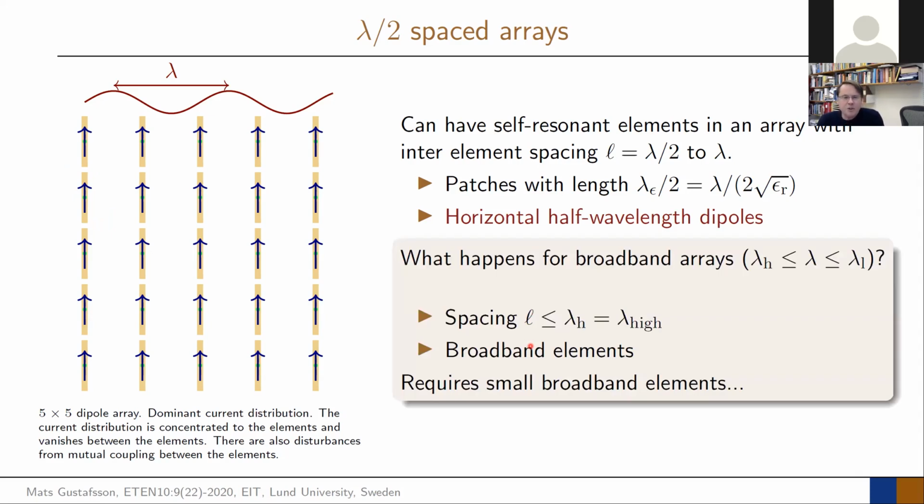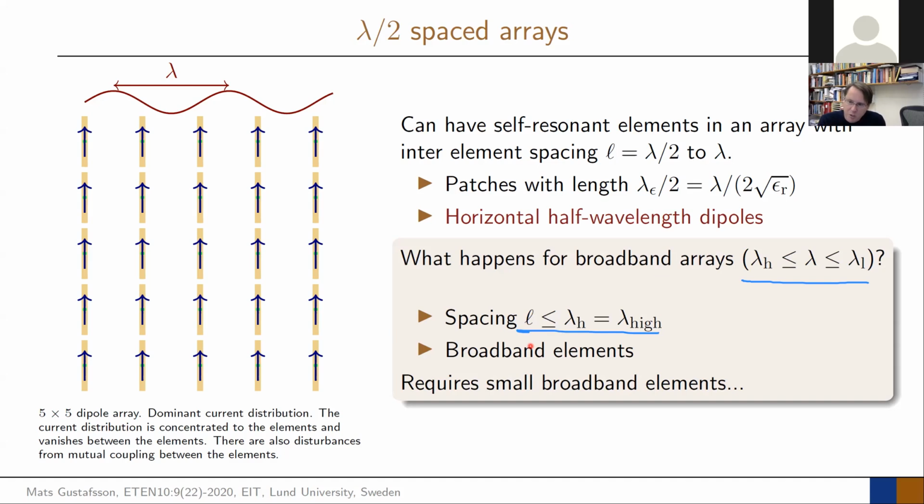But now if we want to go for these broadband arrays, that means of course I need all wavelengths between, let's say, the highest frequency, the shortest wavelengths, up to the lowest frequency, which is the longest wavelengths. And the spacing is now determined by lambda for the highest frequency.